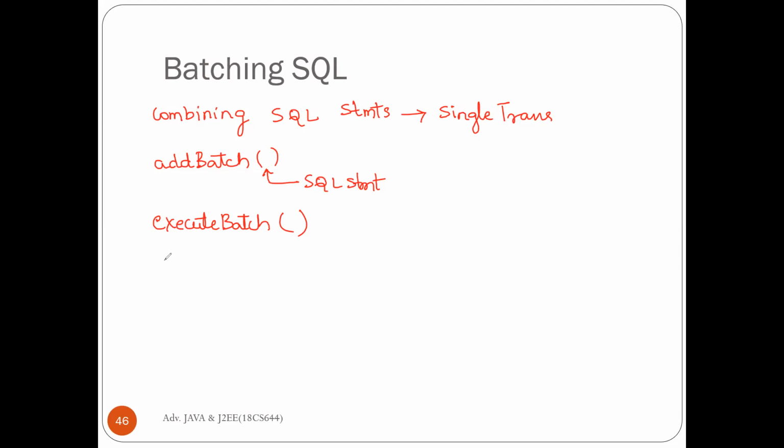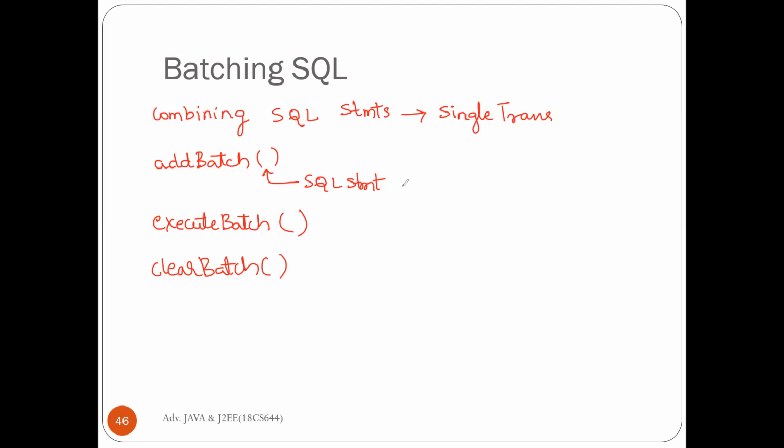If we want to remove all the statements from the current batch, we can call clearBatch. So these are the three methods that can be used in batching of SQL. The addBatch method adds the SQL statements into the batch.